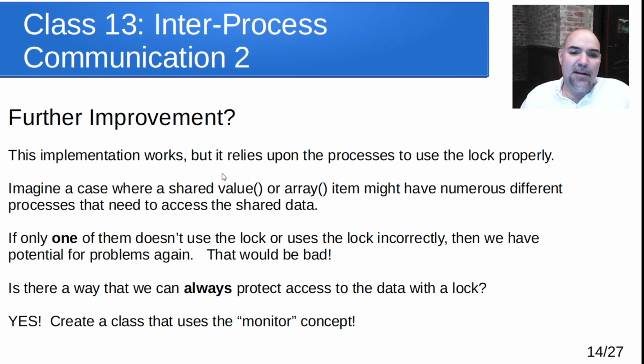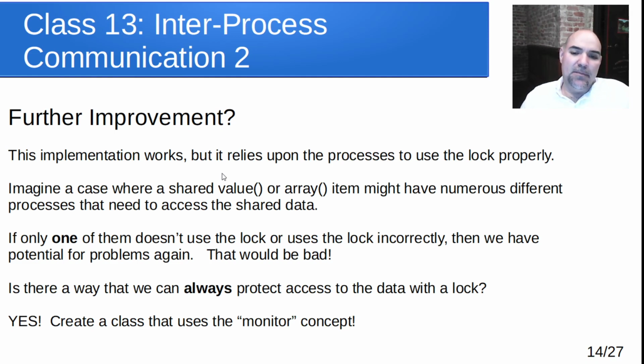They might not use the lock properly. So we have to rely on them to do the right thing, or we're going to have problems again, and that will be bad. So as soon as we have one access to that shared variable that's not protected in some way, then we have a problem.